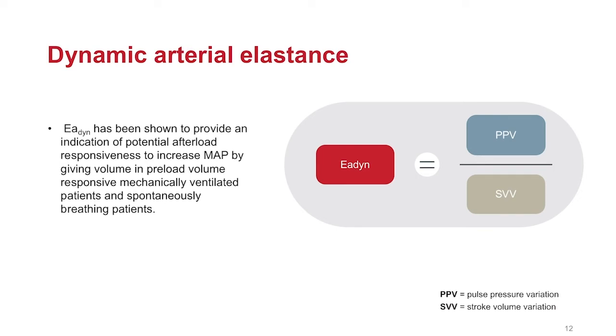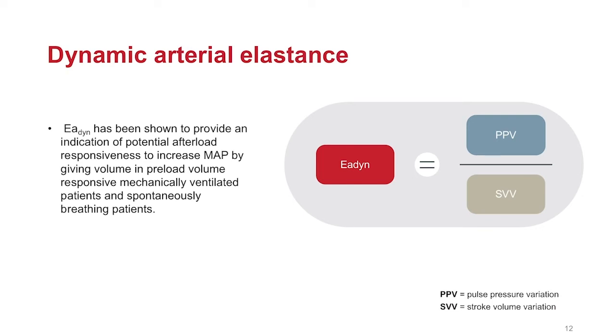This relationship defined by Ea-dyn is affected by arterial load, but is not a direct measure of it. A similar analogy is that the preload responsive parameters stroke volume variation and pulse pressure variation are not direct measures of preload, but they too inform the user if the individual will be preload responsive.